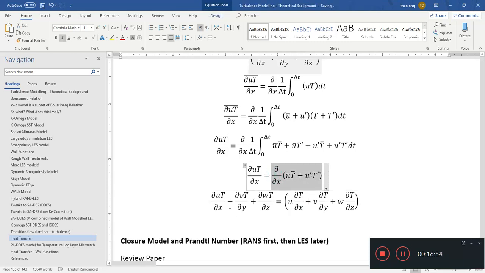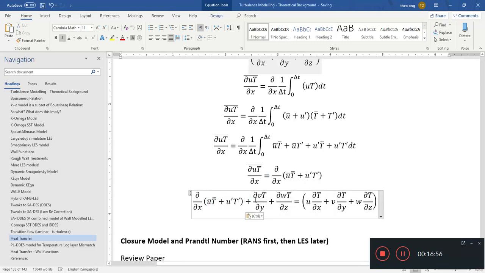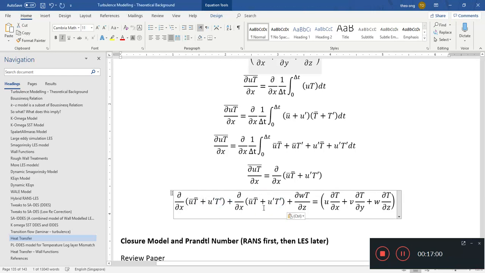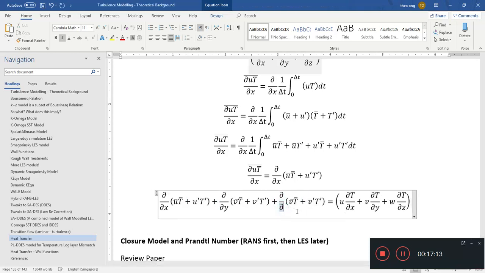I'll do this for the x direction. The y direction is kind of the same; I will just replace this with y, this with v. And likewise for the w direction, the z direction. This is the same.